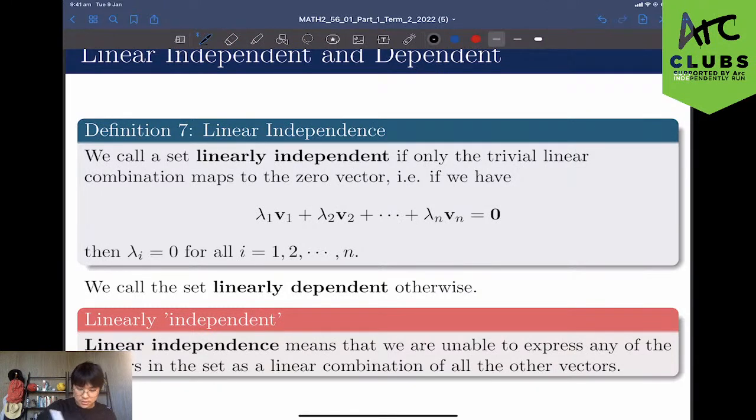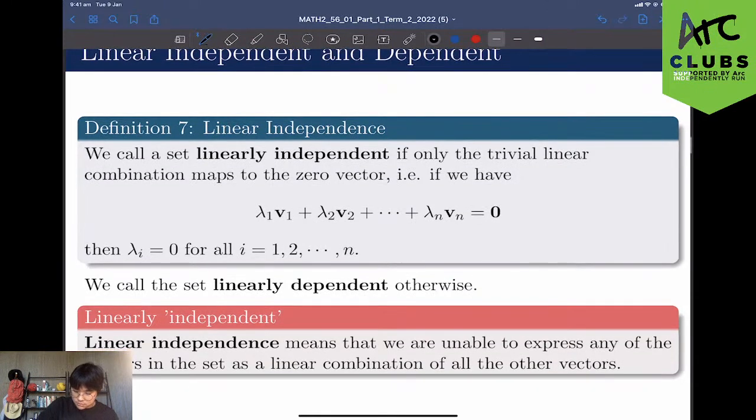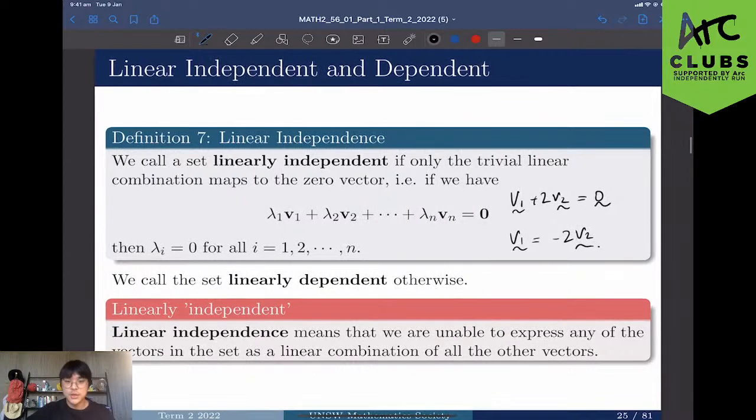So say we have that v1 plus 2v2 equals 0. This means that we can write v1 in terms of v2. So with linear dependence, this means that we can write vectors in the set in terms of other vectors.